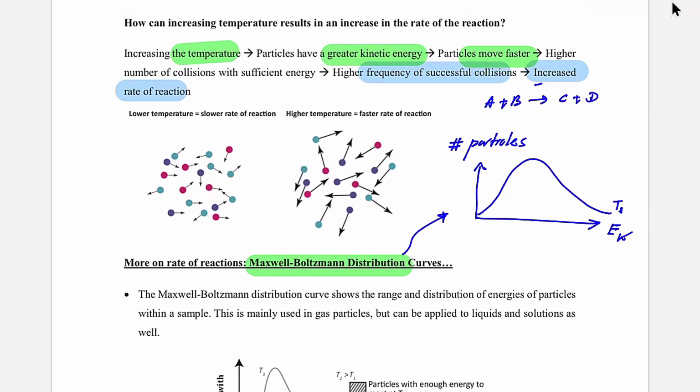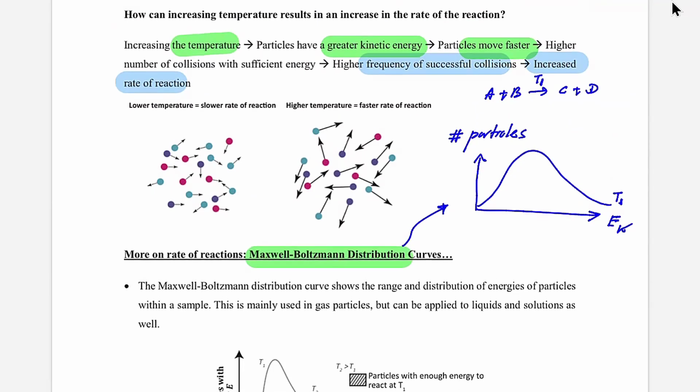And this is happening at T1 temperature. At T1 temperature, to get this business done, you have an energy barrier which is called activation energy, right? So that activation energy, because your x-axis is energy, so this is your activation energy. Right? So whatever is here, only participates in the reaction.